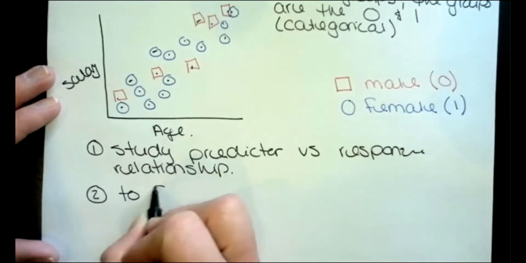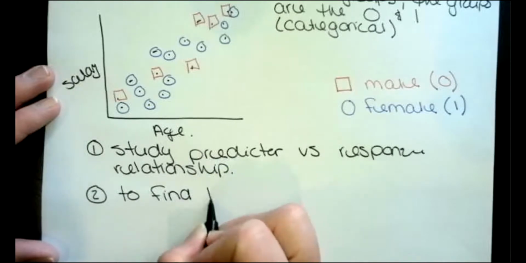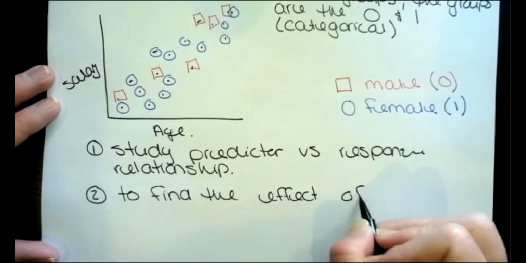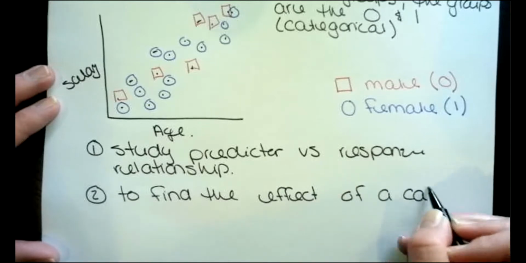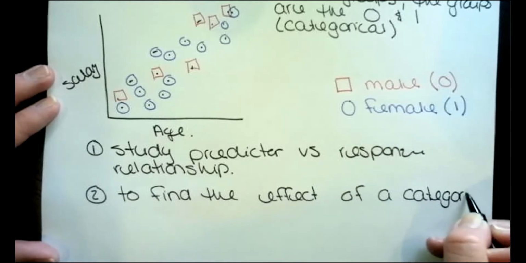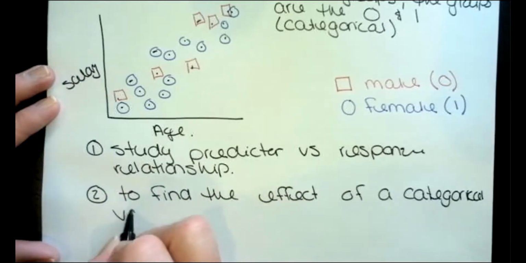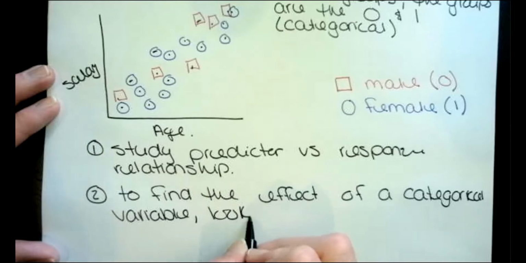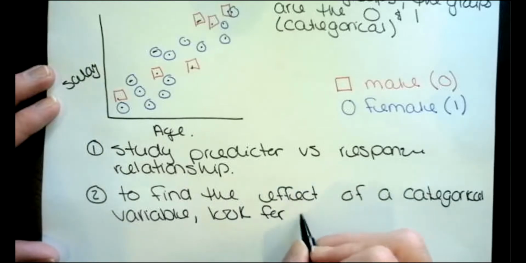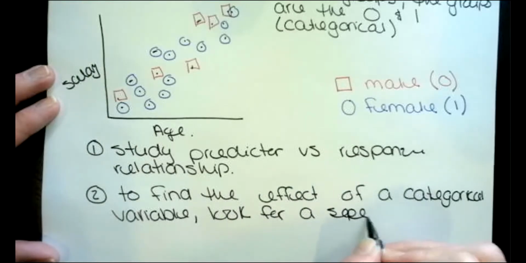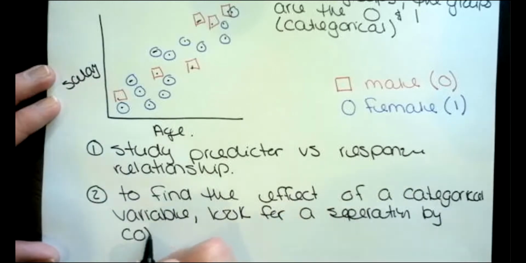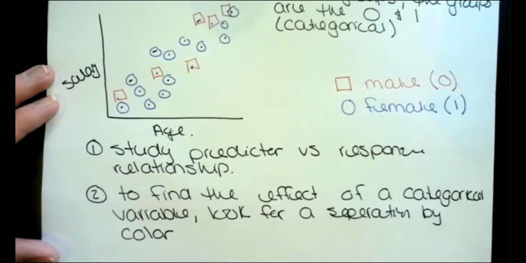So to find the effect of a categorical variable, we want to look for a separation by color on this matrix plot.